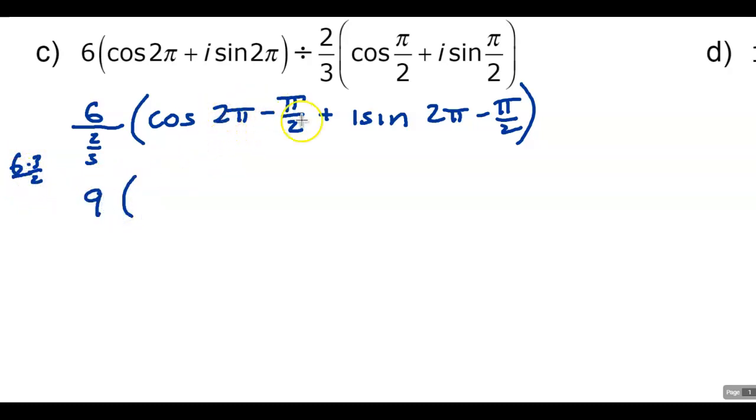And 2 pi minus pi over 2 is simply just -pi over 2, or 3 pi over 2. So you can do that either way you like. We got cosine of -pi over 2.